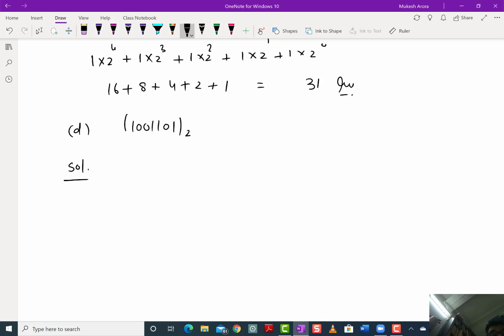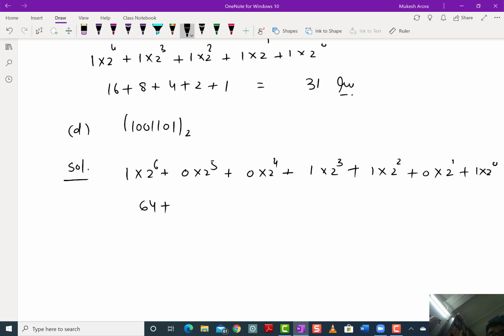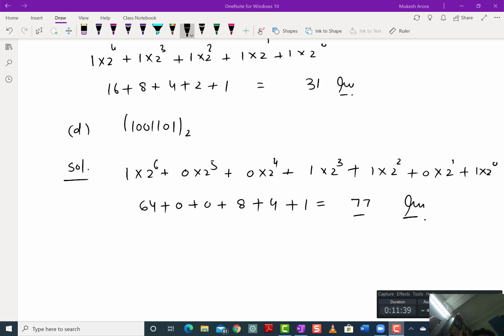This will be 1 2 3 4 5 6 7. 1 into 2 raised to the power 6 plus 0 into 2 raised to the power 5 plus 0 into 2 raised to the power 4 plus 1 into 2 raised to the power 3 plus 1 into 2 raised to the power 2 plus 0 into 2 raised to the power 1 plus 1 into 2 raised to the power 0. 64 plus 0 plus 0 plus 8, 72 plus 4, 76 plus 1, 77. So this is how we change the number into the decimal system.